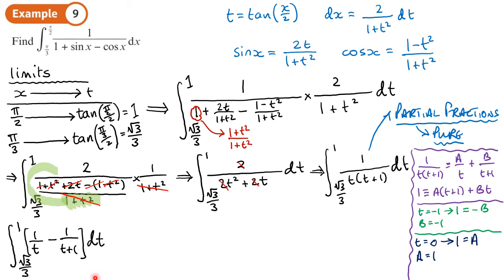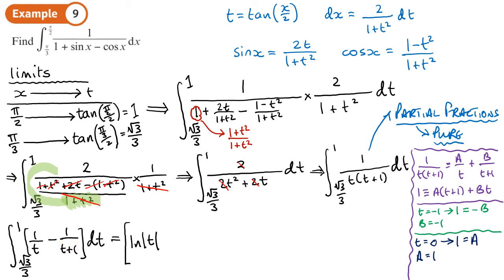So often when we have these fraction type things and the top is like the bottom differentiated, it becomes log when it's integrated. So the 1 over t will just become log t. Then for this one, if we tried log t plus 1, we would end up with 1 over t plus 1, but with the wrong sign.